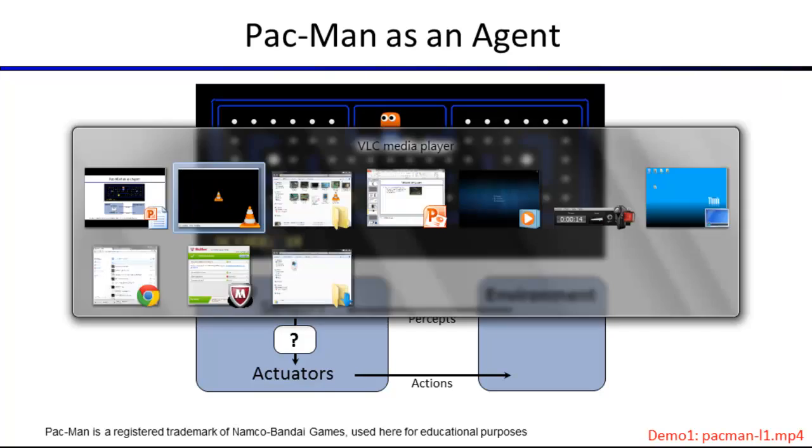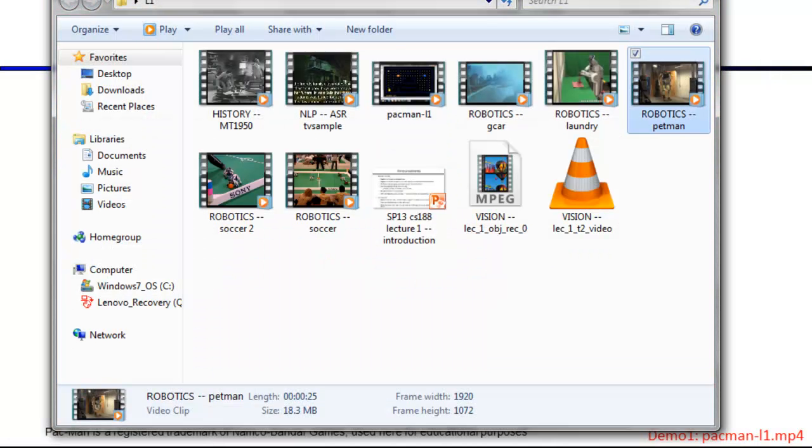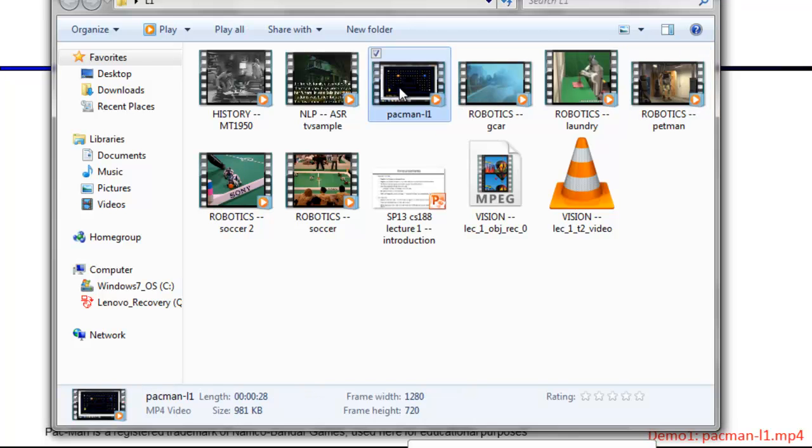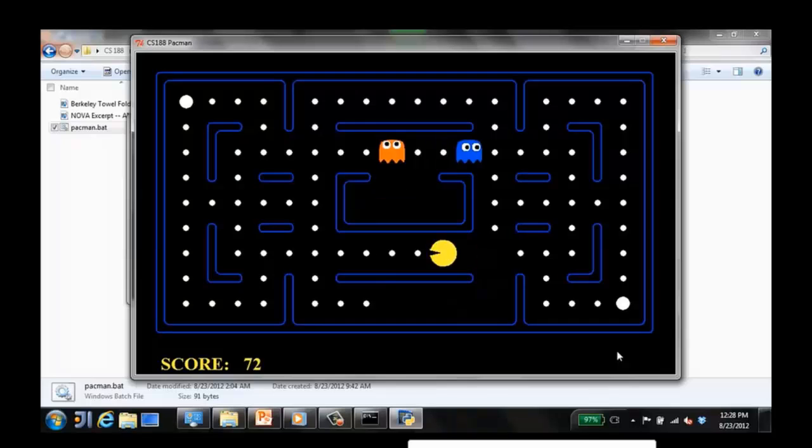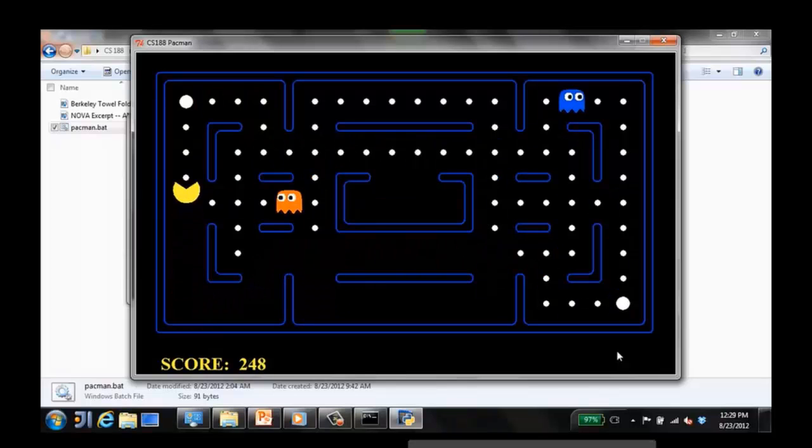So let's take a look at what the AI techniques that we're going to look at in our implementation have been able to do for this kind of game. Here's a screen capture of running our code. Pac-Man's moving around, and try to think about what kind of computation might go into making this happen.